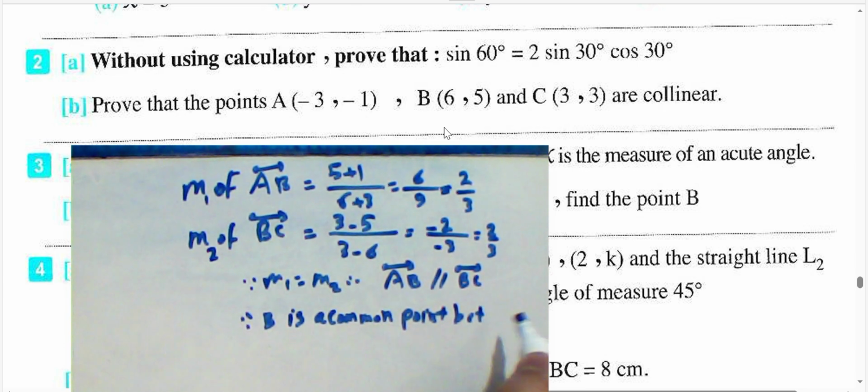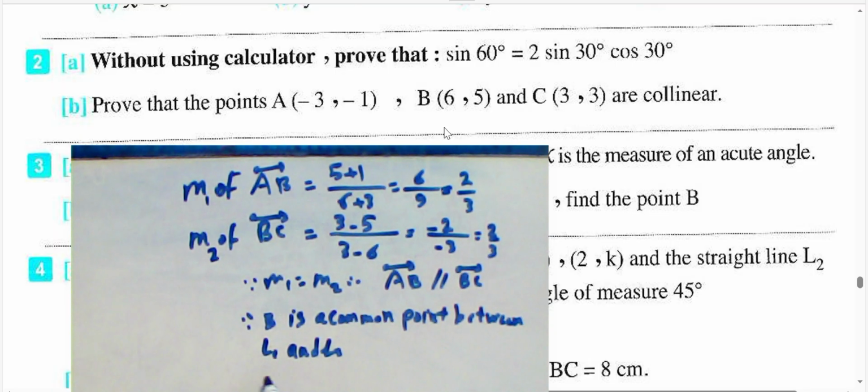Between L1 and L2, then A, B, and C are collinear.